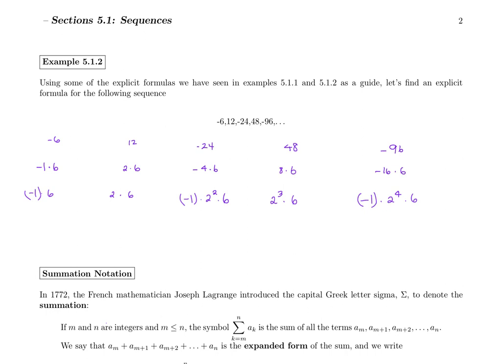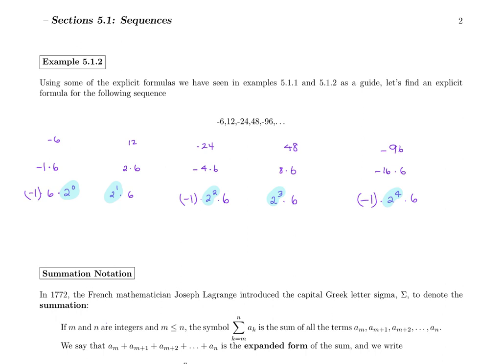This 2 that doesn't have an exponent is just 2 to the 1. And before you say there isn't one for the first term, what about 2 to the 0? It's just 1. So every one of these terms has a 2 to a power: 2 to the 0, 2 to the 1, 2 to the 2, 2 to the 3, 2 to the 4.